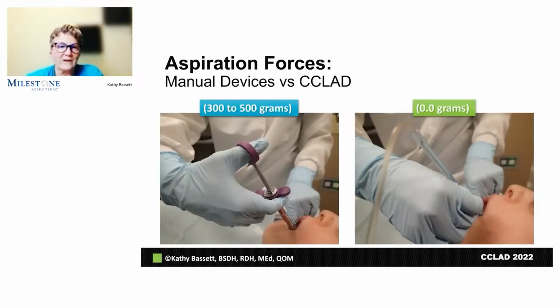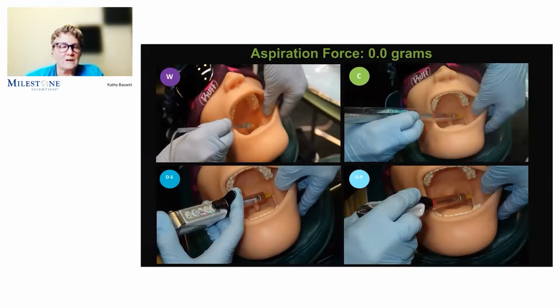So when we start out in our workday, each injection is going to take about 300 to 500 grams of pressure to move that stopper during an injection. All of the CCLADs are going to be managed within that microprocessor, 0 grams of pressure. So coming around with the wand in the upper left, 0 grams of pressure. CCLAD, upper right, 0 grams of pressure.